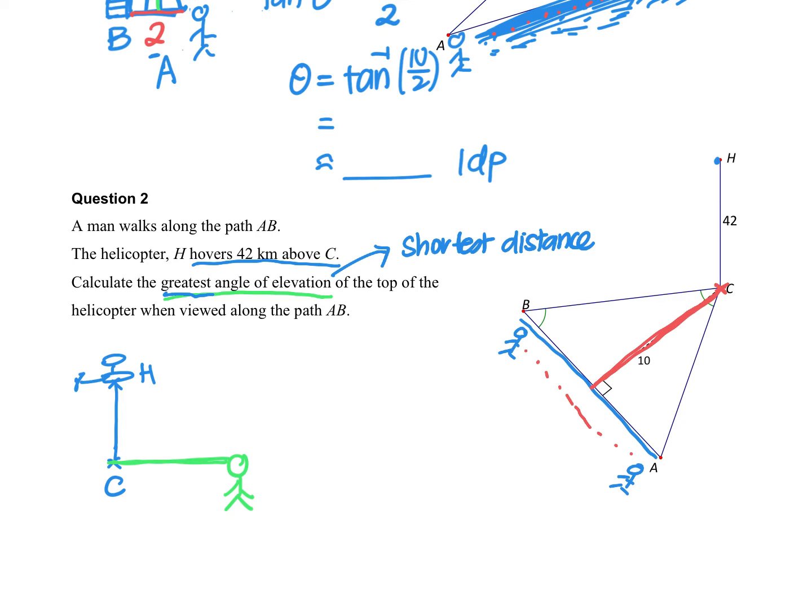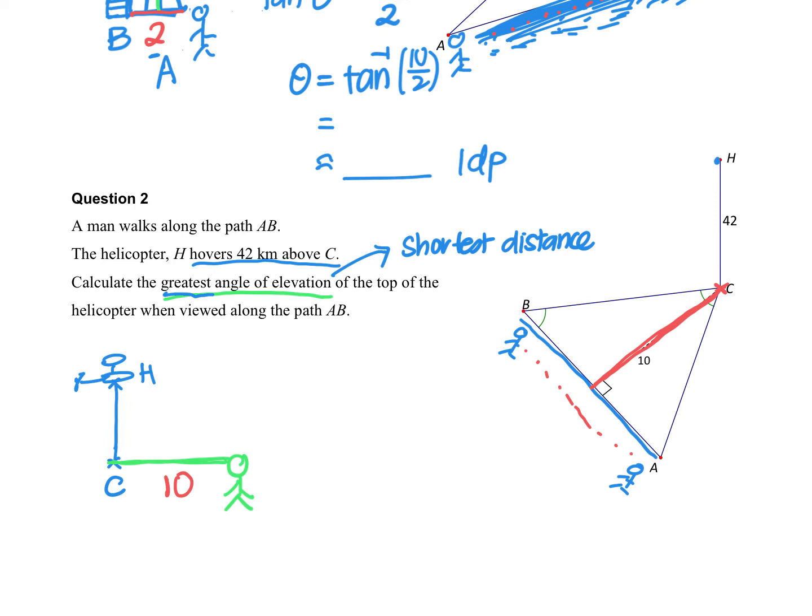From the man walking, the nearest to the helicopter is this red distance. That is 10. Where is 10 on this diagram? The green color on the ground. I use different colors to notate them, but in the exam you cannot use so many colors, so you all must practice.